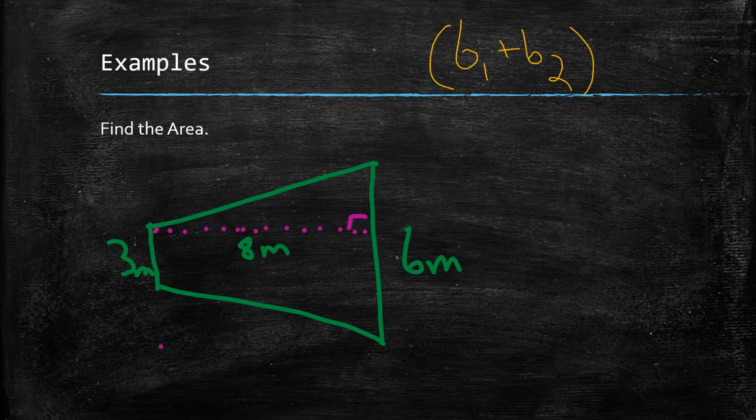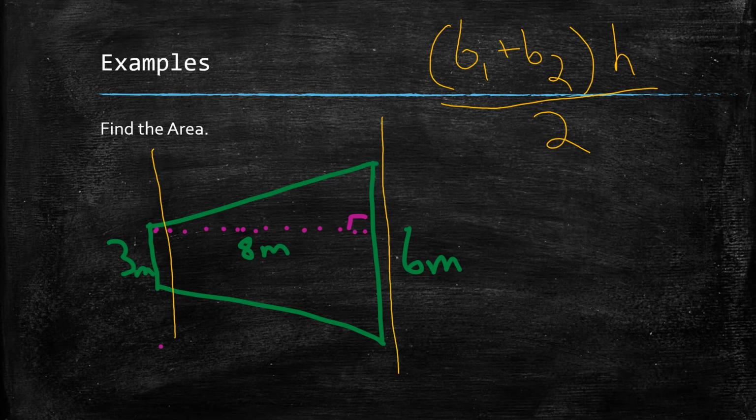We're going to multiply that by the height, and then it's half the shape, so we're going to divide it by 2. Okay, so I'm looking for those parallel lines to find my bases. Those parallel lines you can see are these two lines. They'll never touch. So this problem is 3 plus 6.